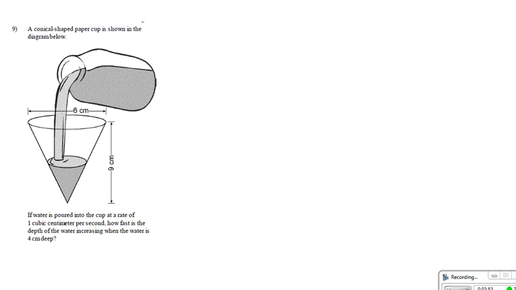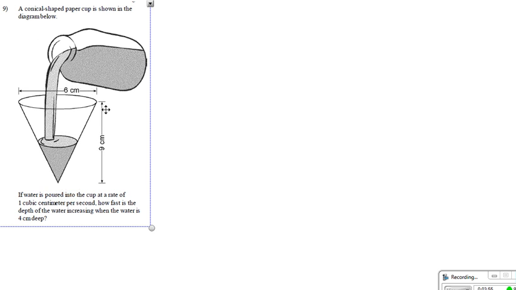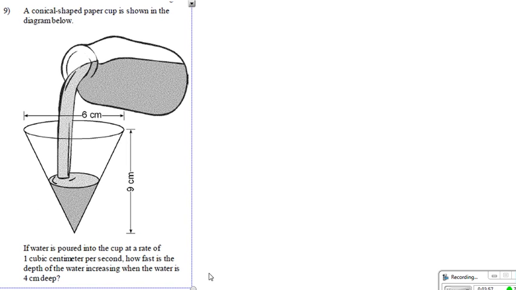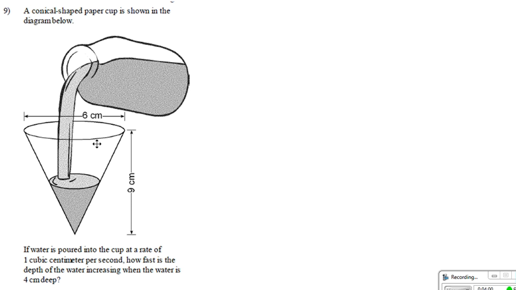Alright, let us look at the next question, number 9. Here we have water going in, and then you see the cone. Whenever we see a cone question, we have to realize that this contains an isosceles triangle. The container will determine the ratio between the radius and the height.